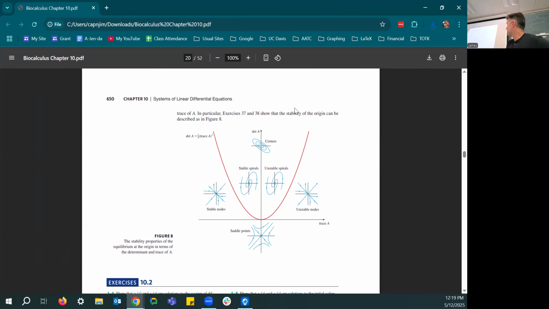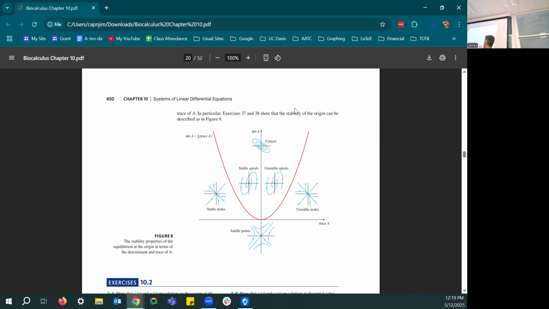There it is. That picture talks about the relationship between the trace and the determinant. If your determinant is negative, if you're below this axis, you're down here in saddle land. Whenever your determinant is negative, it doesn't matter what your trace is, the whole thing's going to be a saddle, because your eigenvalues have to be opposite values.